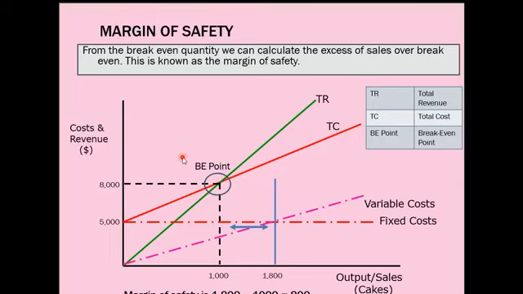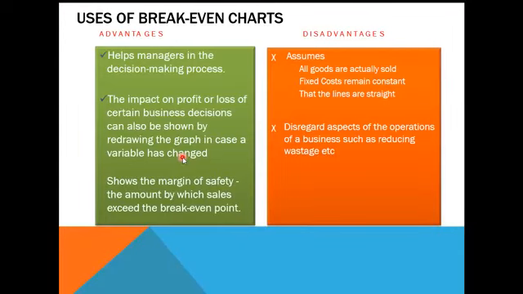The lower the selling price, the longer it will take before you start making profit. And if the variable cost reduces, you are going to break even quickly because it's going to affect your total cost. And if the variable cost increases, it's going to take a longer time before you break even.